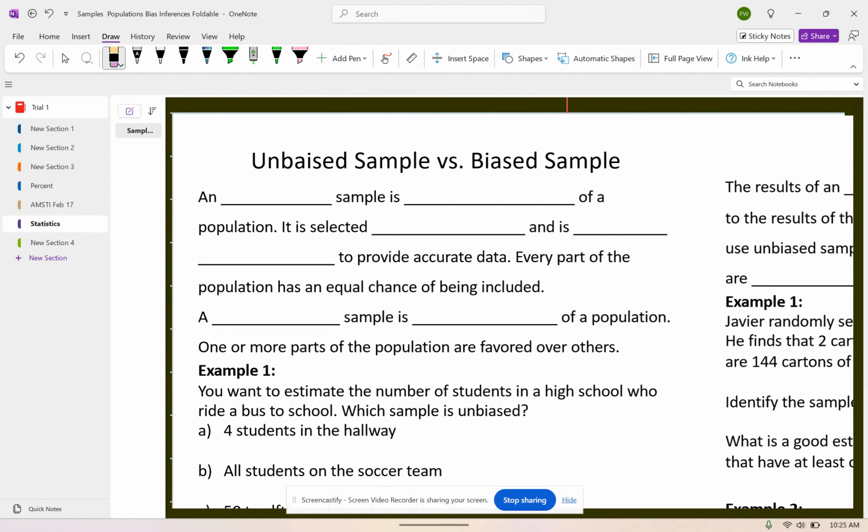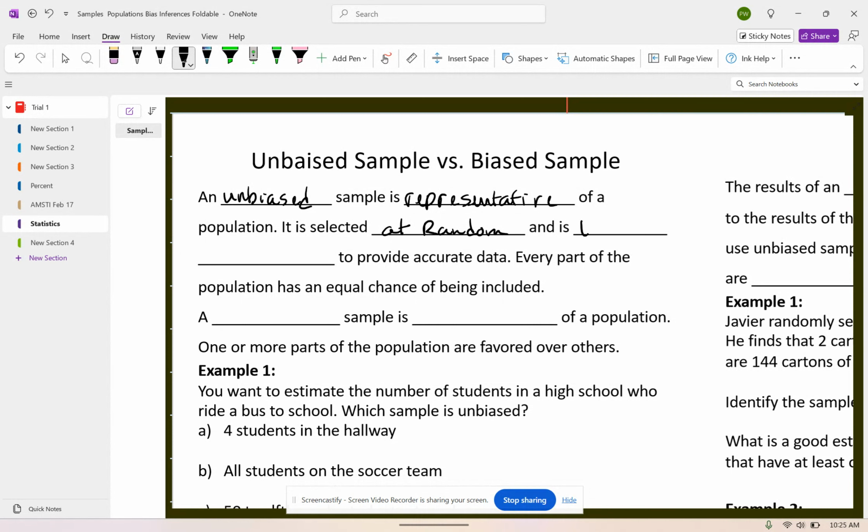An unbiased sample is representative, that's a long one, of a population. It is selected at random. These are the things that we're going to look for to determine if something is biased or unbiased.